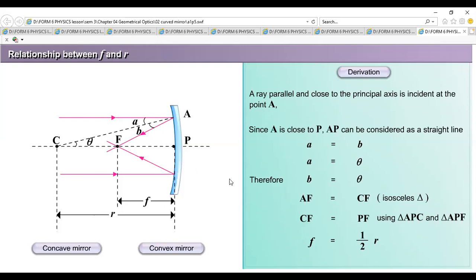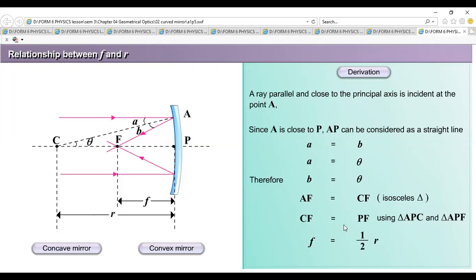As a result, we can say that the distance of AF is equal to the distance of CF, because they have the same angle, and the same side length of CF and AF.